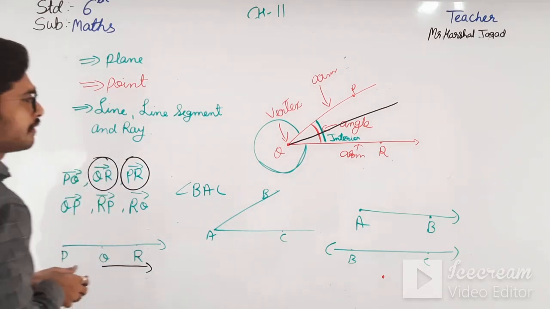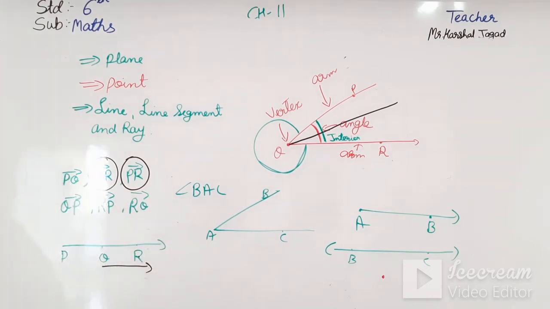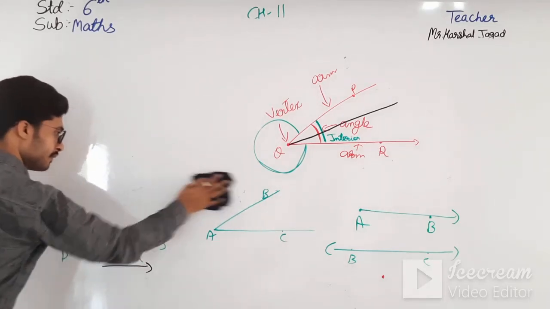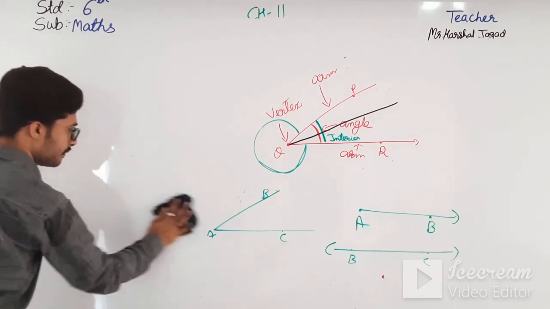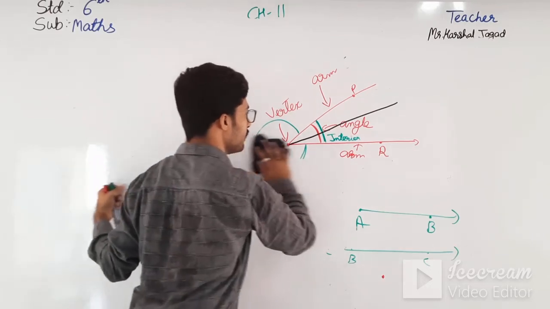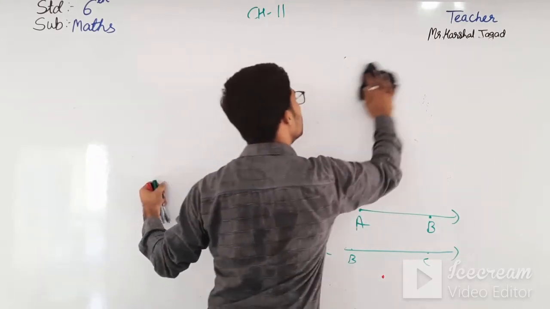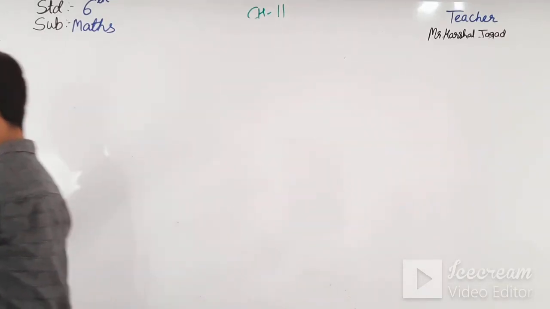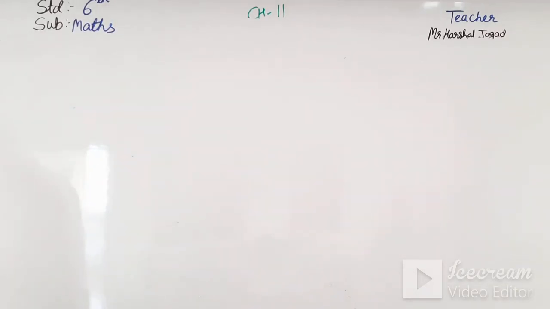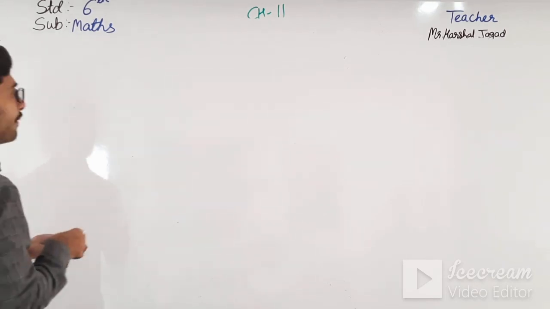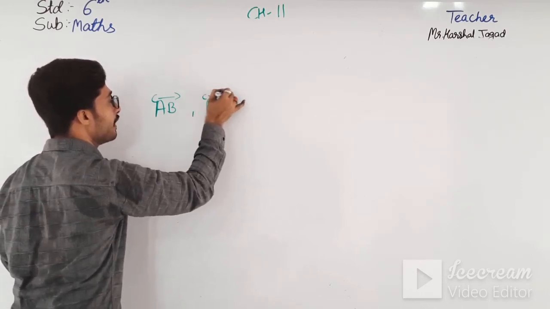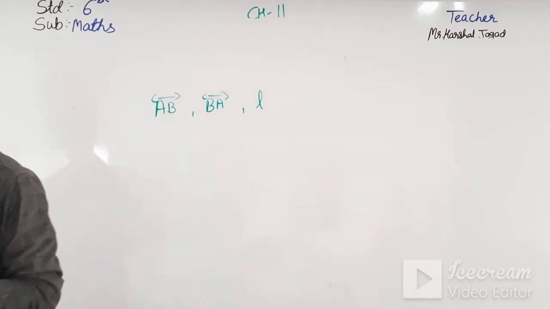So in question 6, the answer will be line AB, line BA and line L. So these three will come.